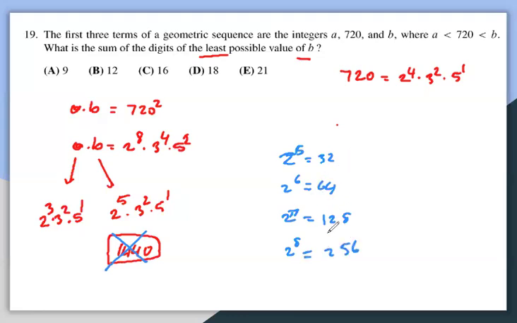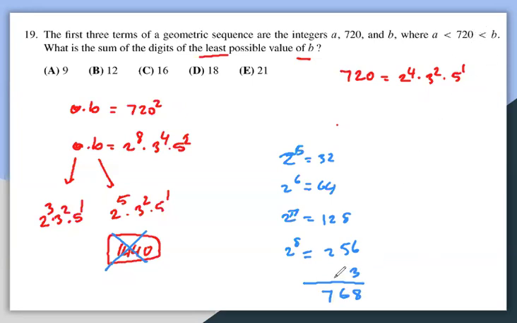So 256 is the largest number you can get with powers of 2. So maybe I can multiply that by 3's or 5's to get something larger. If you multiply this by 3, that gives us 768, which is actually larger than 720.